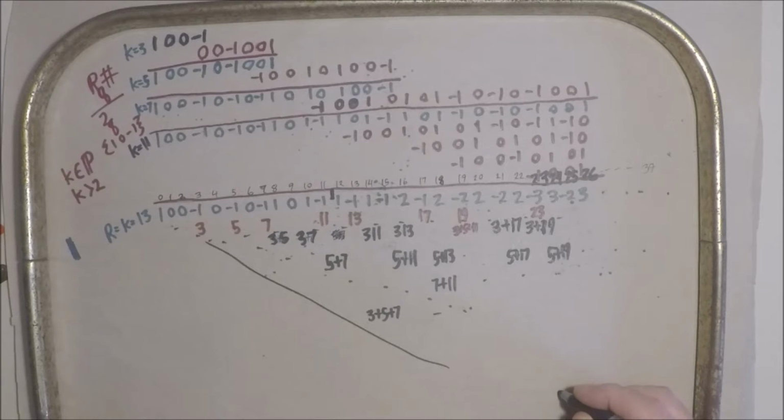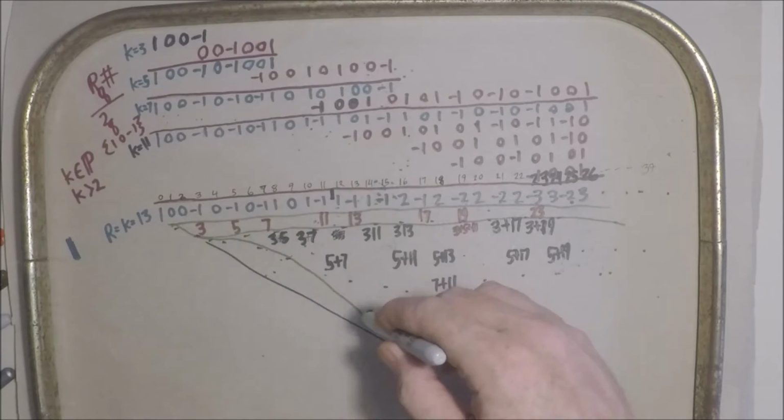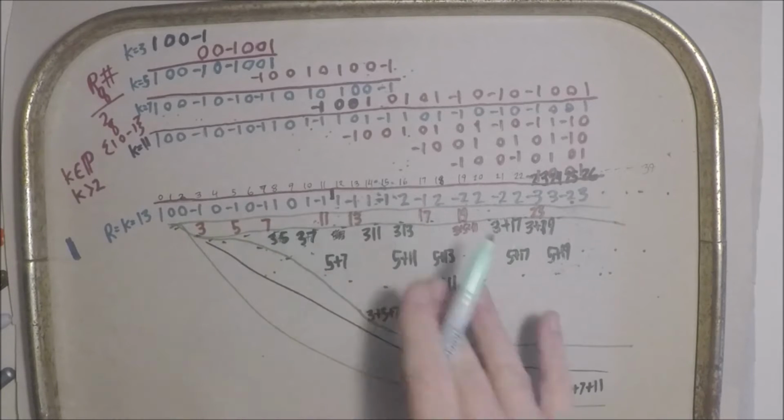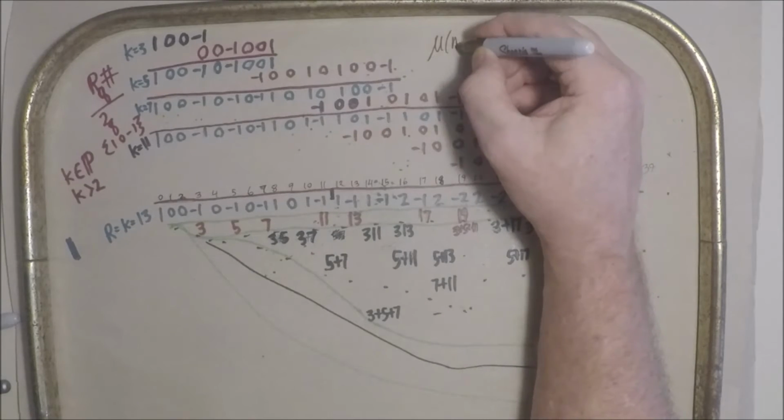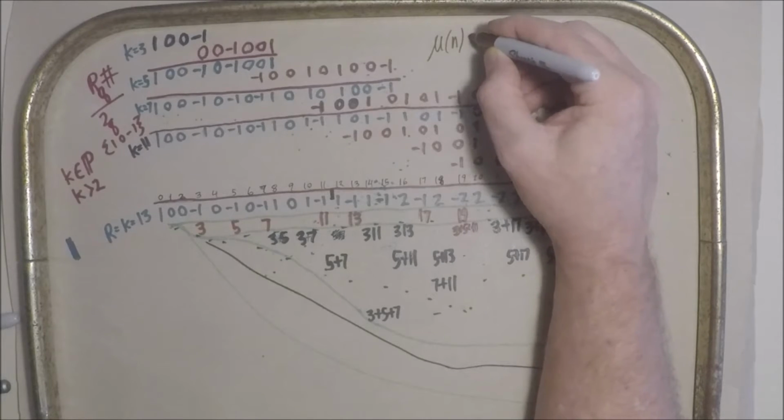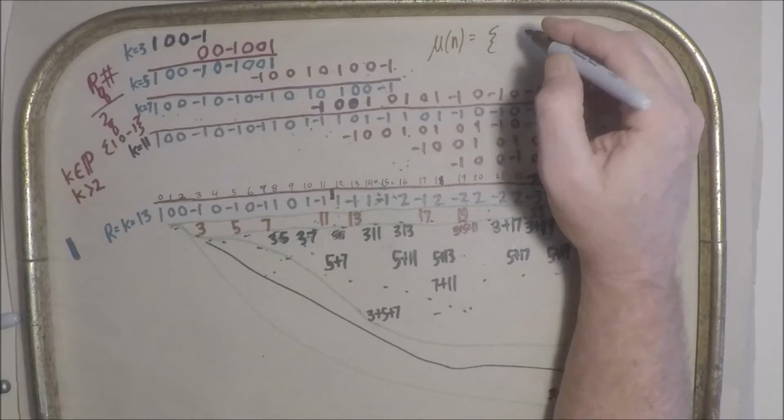And so that's way down here, and that's 3 plus 5 plus 7 plus 11. So we'll have, etc. like that. So the normal Mobius of n function, the sequence that it gives, is pretty slow.